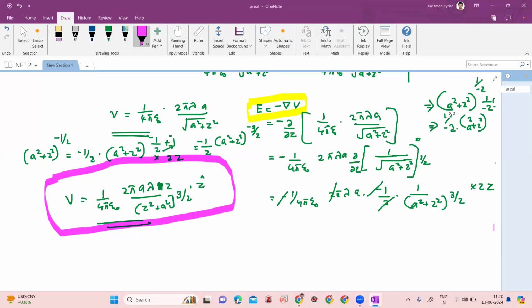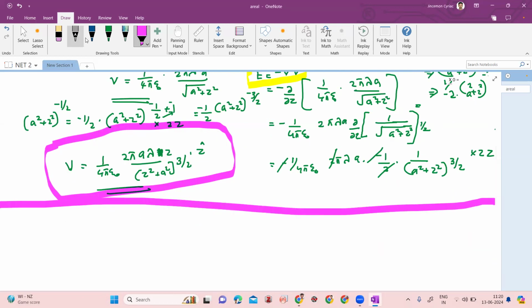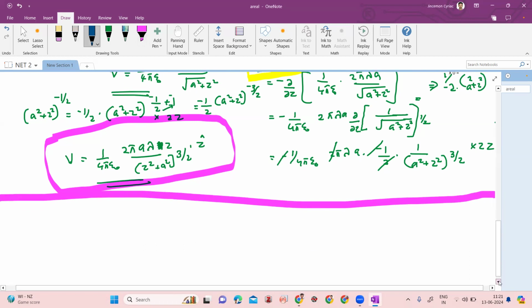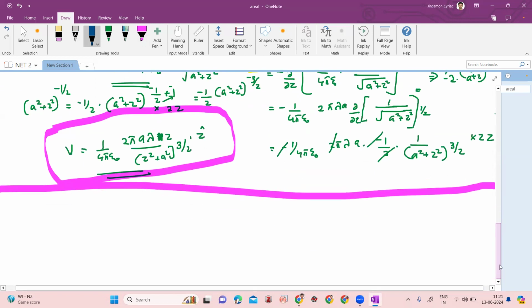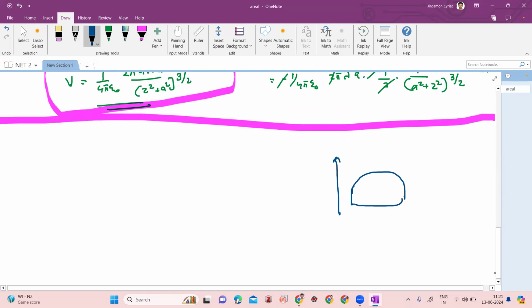We can solve one more problem in terms of flux and electric field. Let's consider a hemisphere. Then the field lines are passing through it.